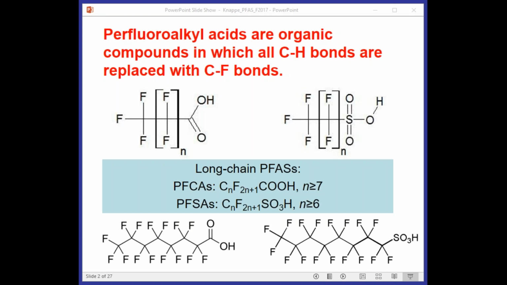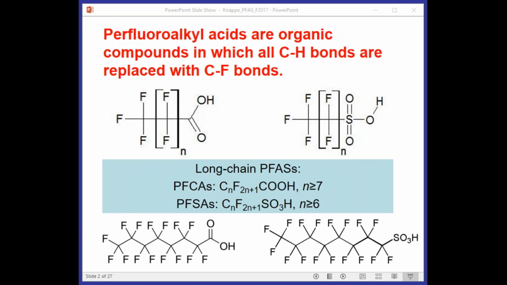By definition, for the carboxylic acids, long chains are the ones with 7 fluorinated carbons or more. So that's PFOA and longer, so 8 carbons in total and higher. For the sulfonic acids, it's 6 perfluorinated carbons and higher, so it's the hexane sulfonate and higher.